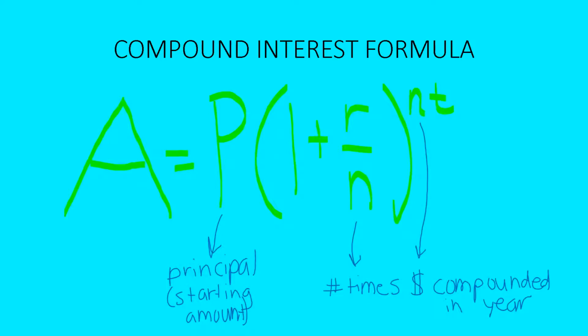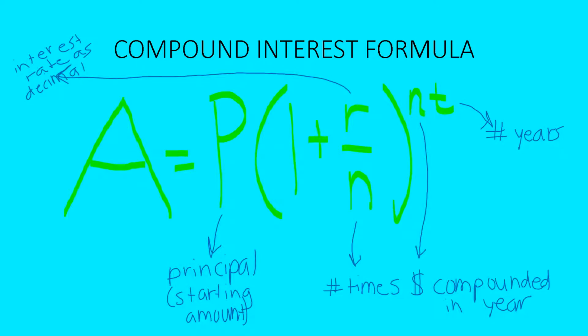We also have the T, and that represents the time or the number of years. And the R represents the interest rate as a decimal. That's important because if they say 70%, that would be 0.7.